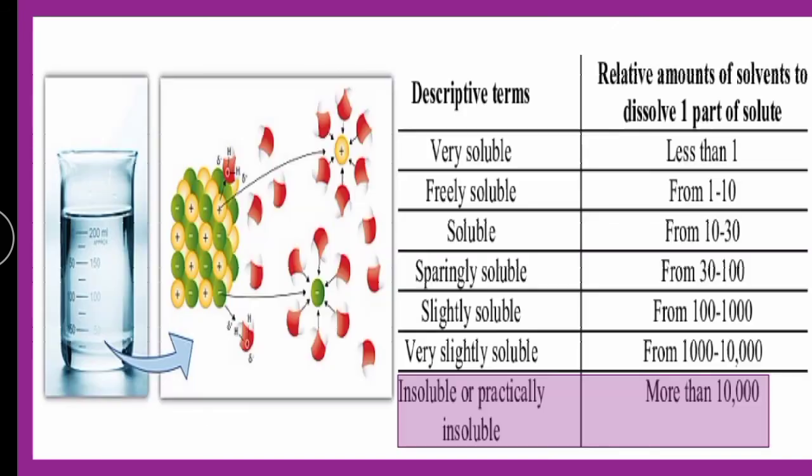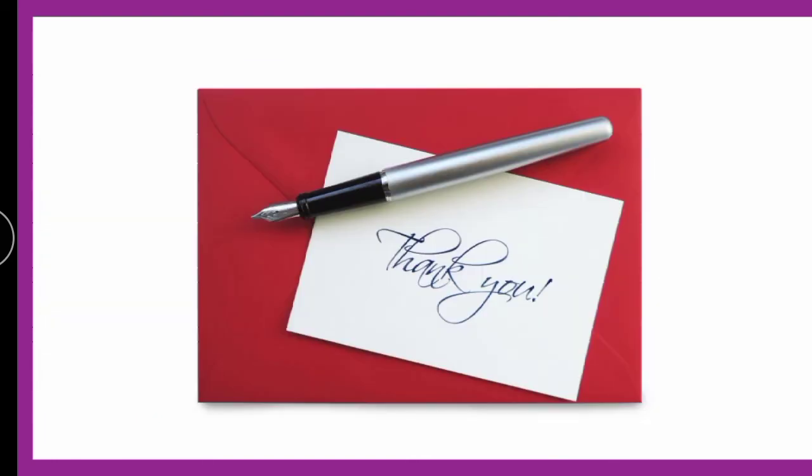When the solvent required is more than 10,000, it is an insoluble compound in that particular solvent. So, these were the descriptive terms and the relative volume of the solvent which is required. Okay. With this, we finish a few of the MCQs from part 1 of identification test.